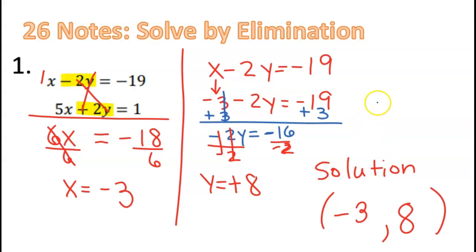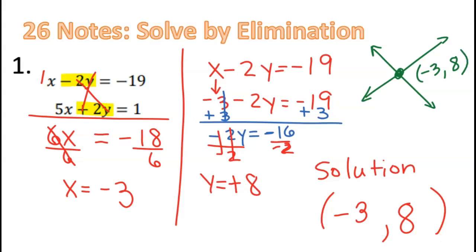If I graphed those 2 lines, they would have an intersection point at negative 3, positive 8. That's what I found when I found a solution. I found the intersection point of those 2 lines. Now, this was not very difficult because those had just the right numbers that would make them eliminate.